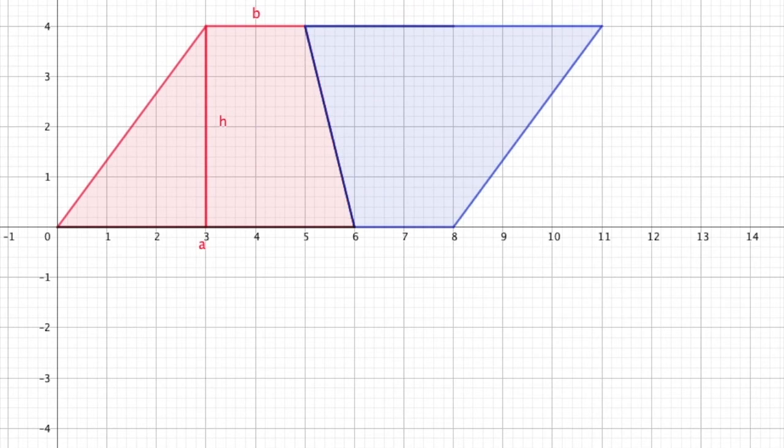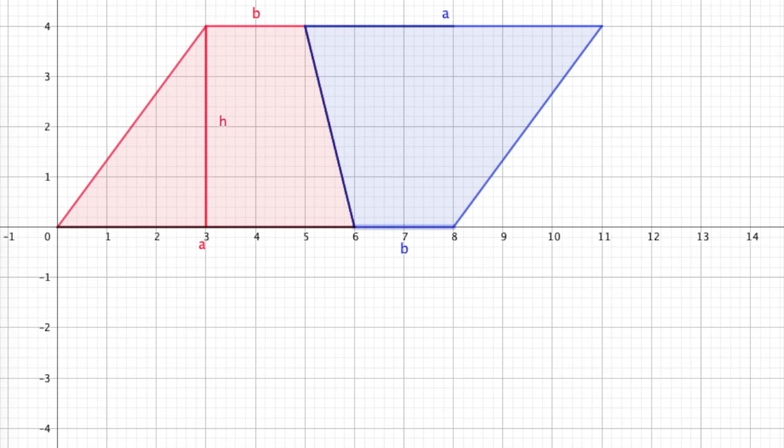You perhaps have to do a little bit of work to prove that this side and this side are parallel, but it's not too difficult. And we can now put the labels on for those sides. And now we can see that we have the top and bottom of the parallelogram length is a plus b.